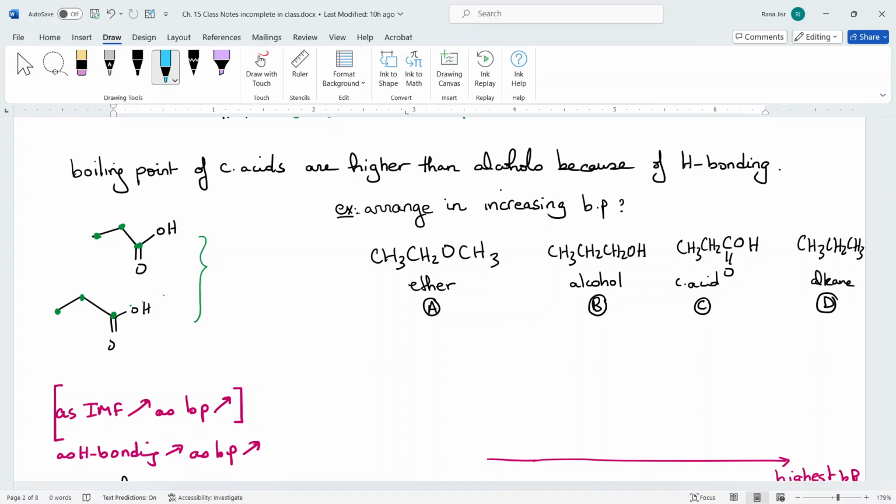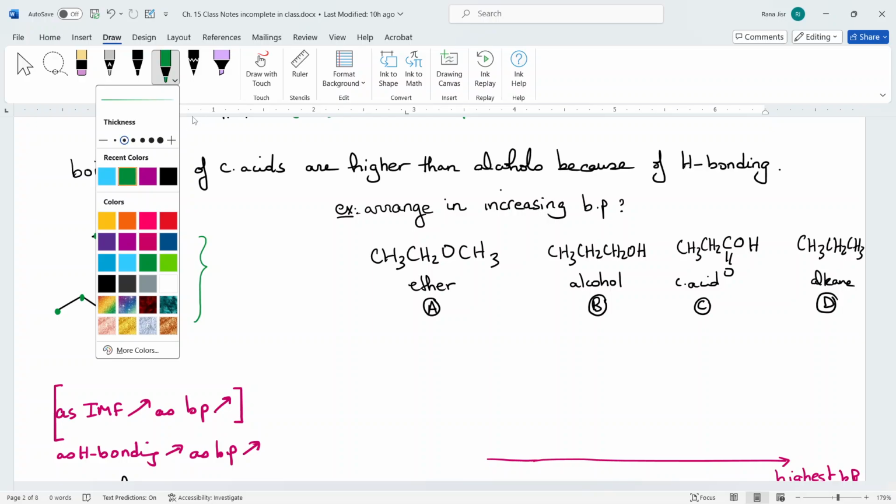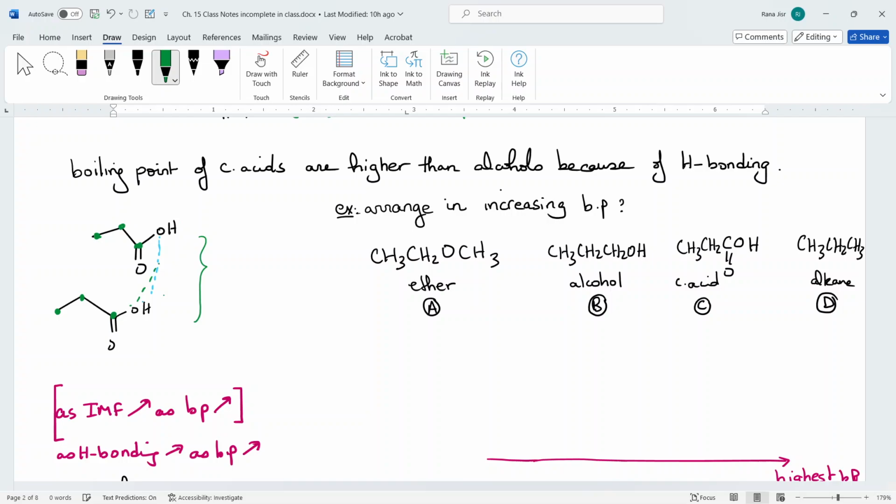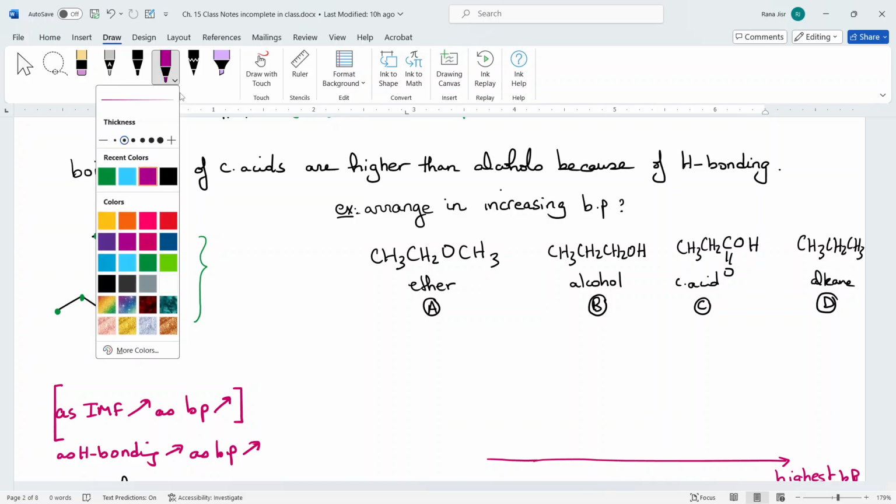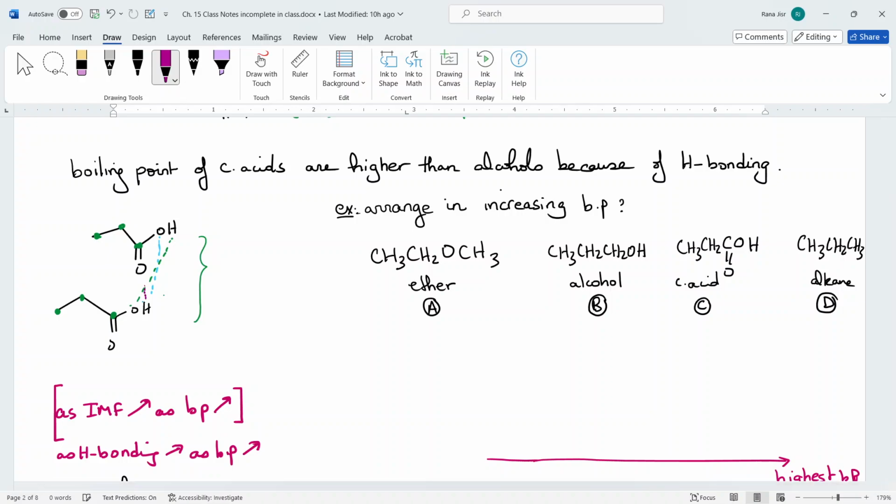The first is between the hydrogen and the oxygen in there. The second is between the oxygen and the hydrogen. And the third is between the hydrogen and the oxygen of the carbonyl. So what I have here is 3 hydrogen bonding interactions.